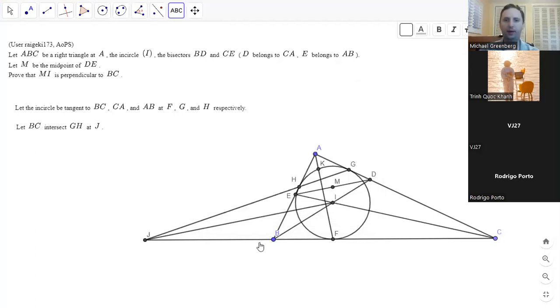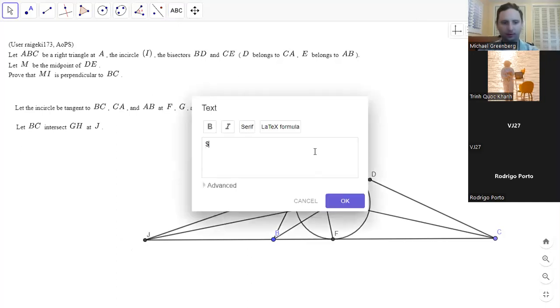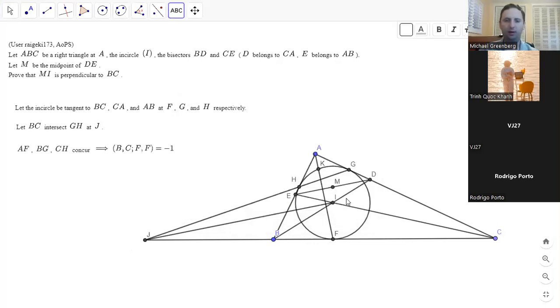Then basically, since AF, BG, and CH concur, that means that B, C, F, and J are in harmonic conjugation. This is something I've used many times on my channel. So we have B, C, F, and J in harmonic conjugation. I don't even know if we need that, actually.